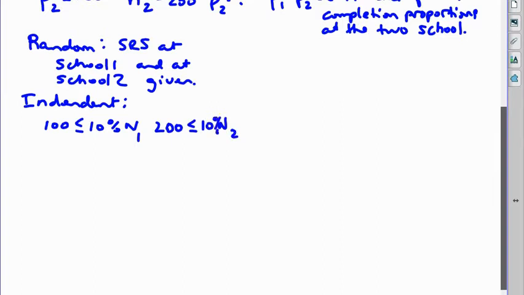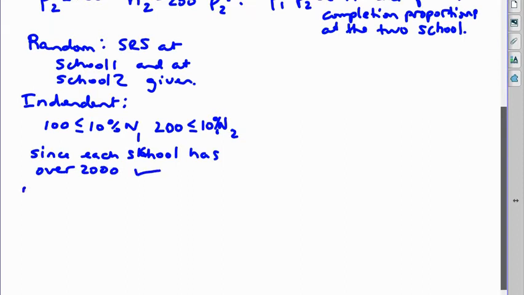Since each school has over 2,000, this is good. We are independent, and then we want to check for nearly normal.